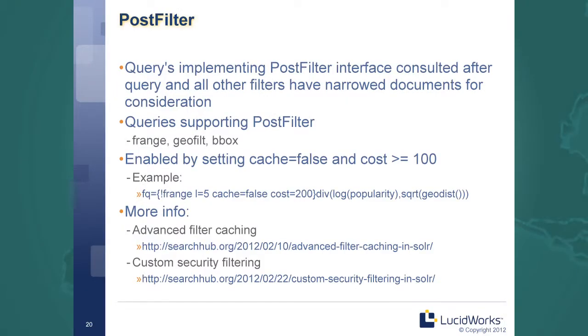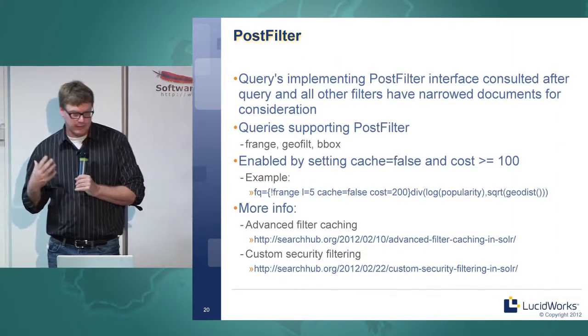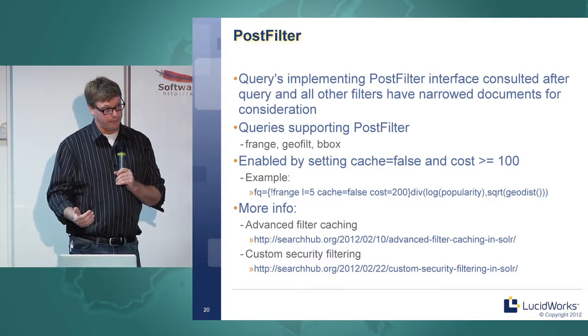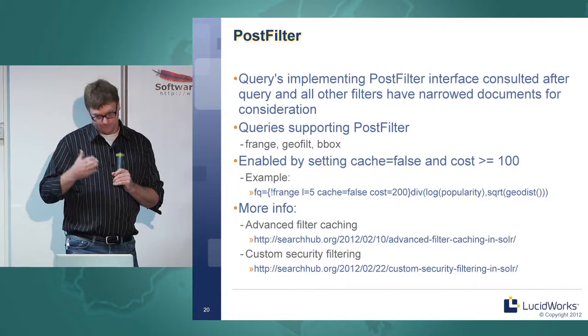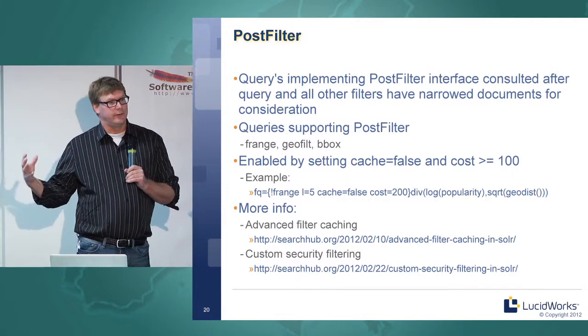The nice thing about this frange, as well as this other infrastructure called a PostFilter inside of Solr, and this is kind of a niche feature, but when you need it, you really need this type of performance benefit here. When you apply queries and filters, these types of things get cached.